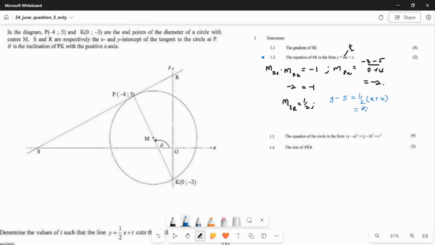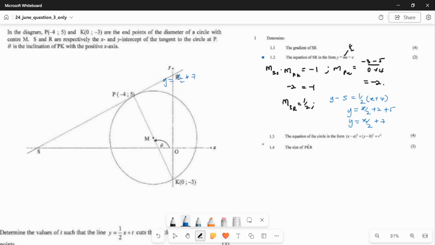We'll have half x plus 2, transpose -5 to the other side. It's going to be +5. Now for our equation, we have y = half x plus 7. That's what defines that line SR.